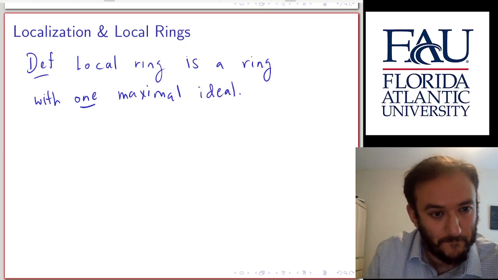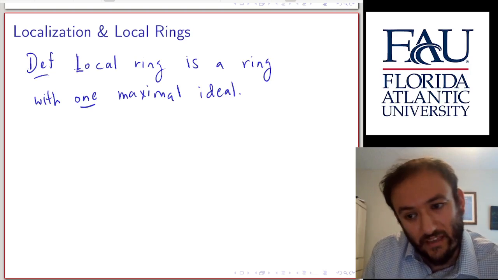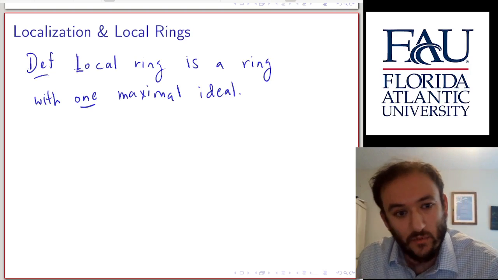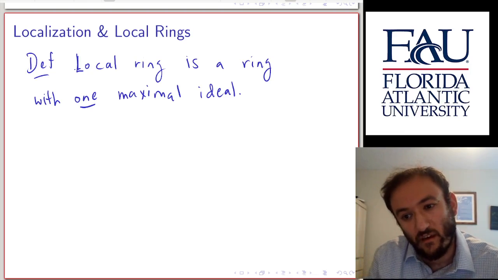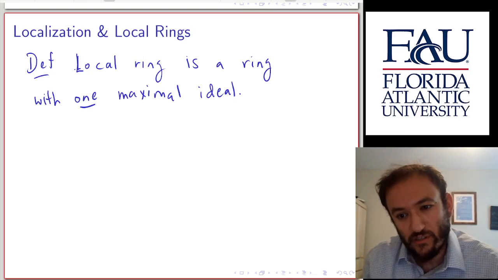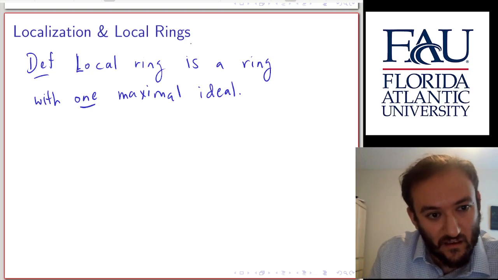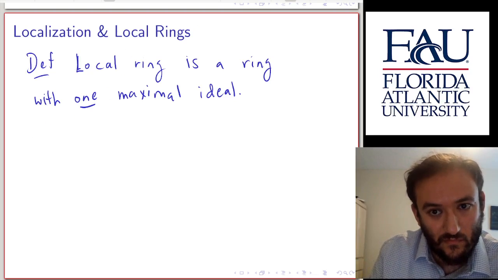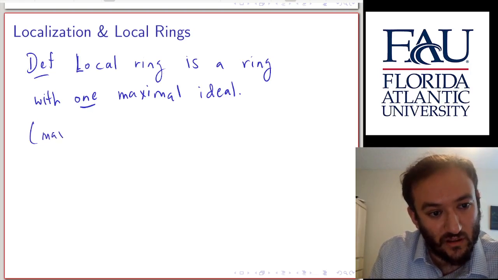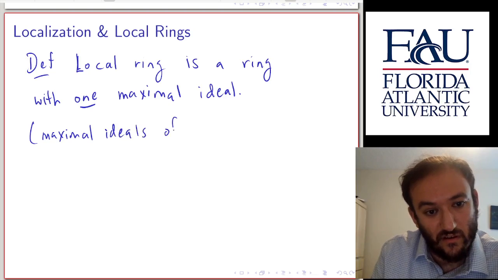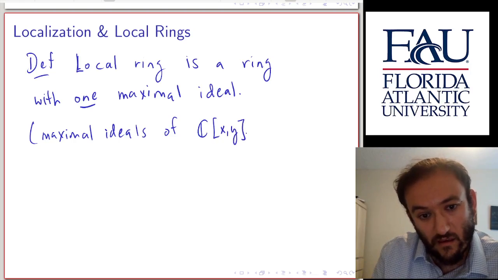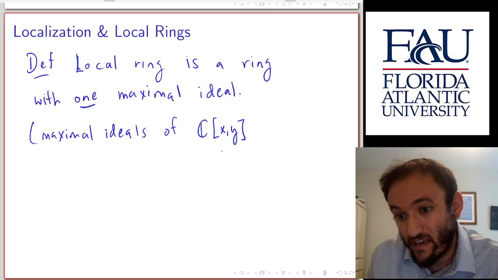Okay? And the reason why this is called local, you can think about in terms of geometry. So you might remember that the maximal ideals of, let's say, C adjoin x, y were of the form x minus a, y minus b.